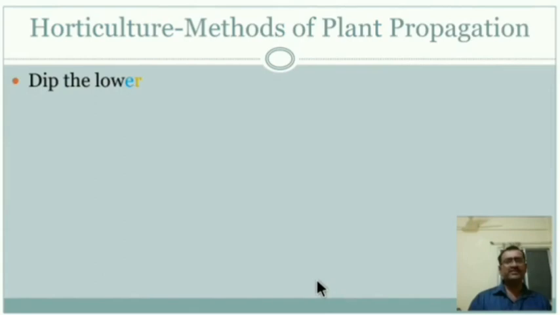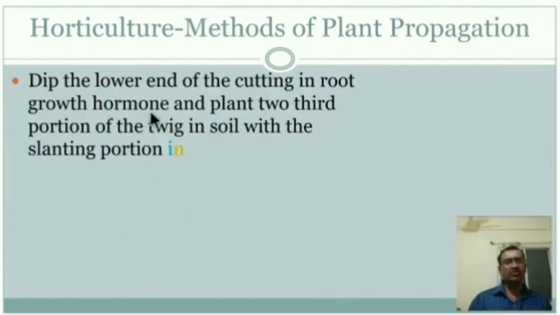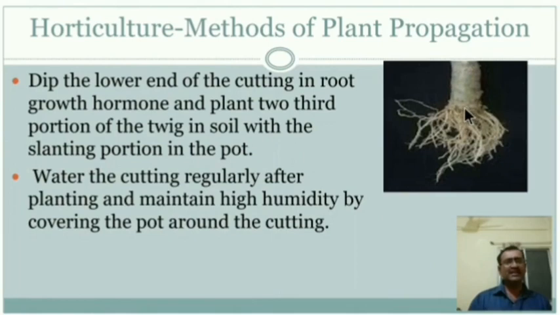Next, dip the lower end of the cutting in root growing hormone, that is, the growth regulator. After dipping the lower portion in the growth hormone, plant 2/3 of the twig in soil with the slanting portion in the pot. So 2/3 of the cutting is inserted into the soil.